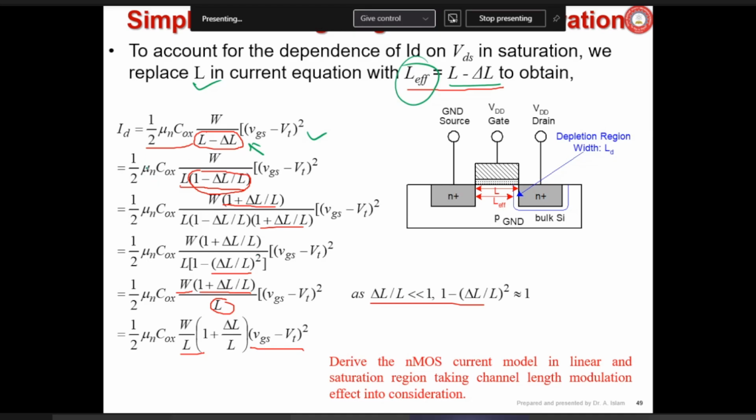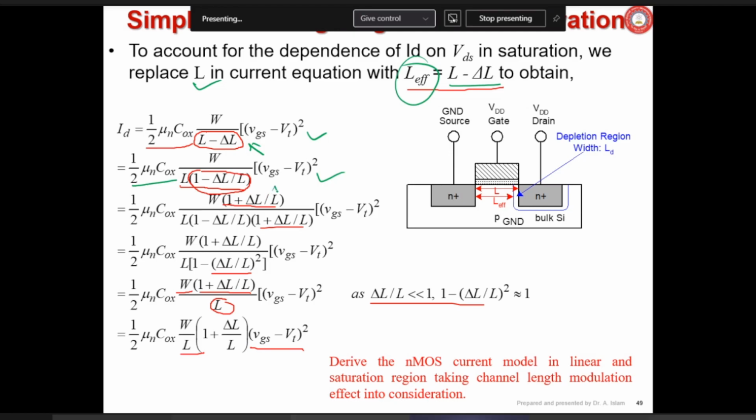Okay, so next we are writing the same thing here. Now W by L, L is taken common here. 1 minus delta L by L, other things remaining the same, and 1 upon mu n C_ox. Then what we are doing?